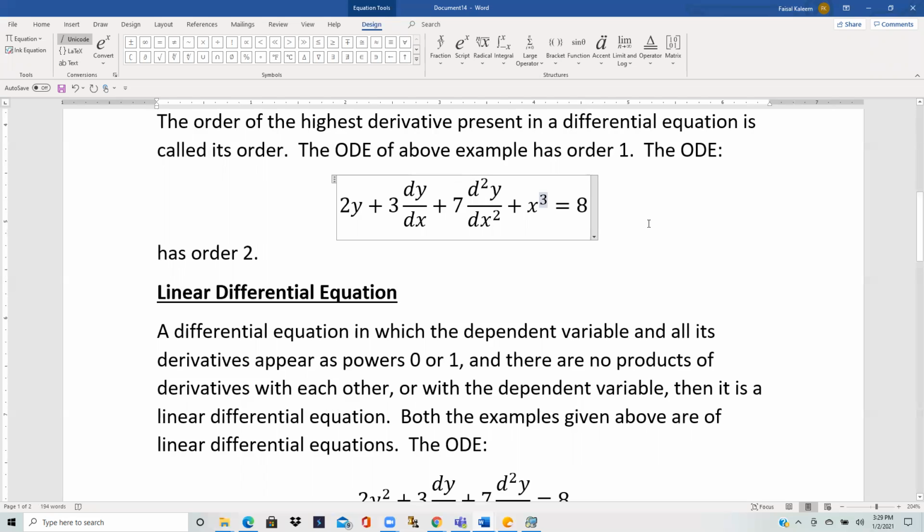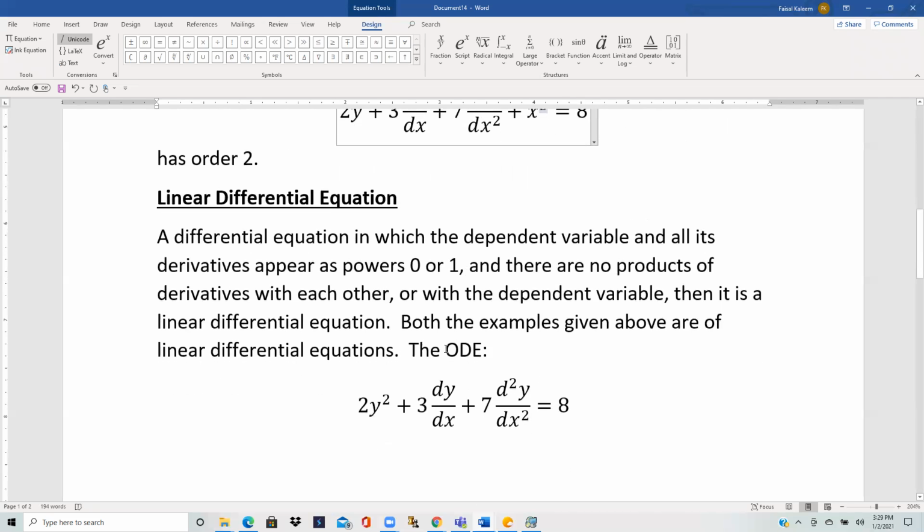So this is still a linear equation. But if you put anything on the power of y, then it becomes nonlinear, anything other than 0 or 1.